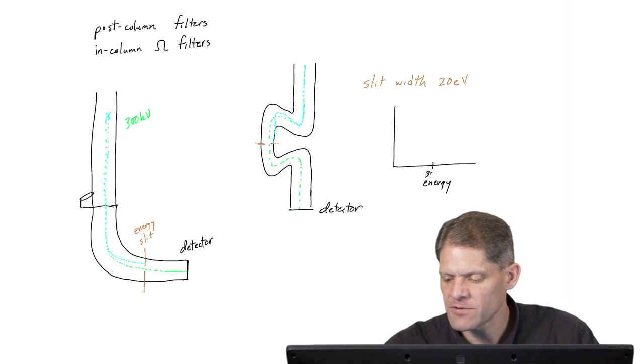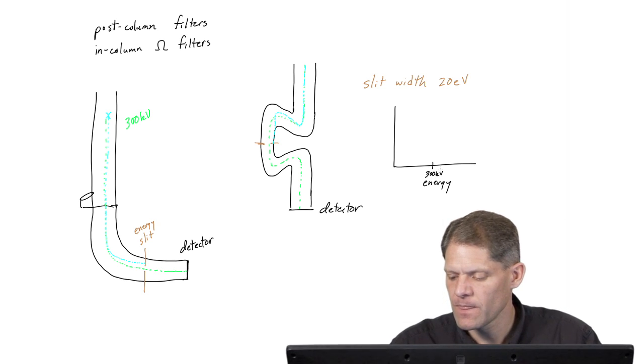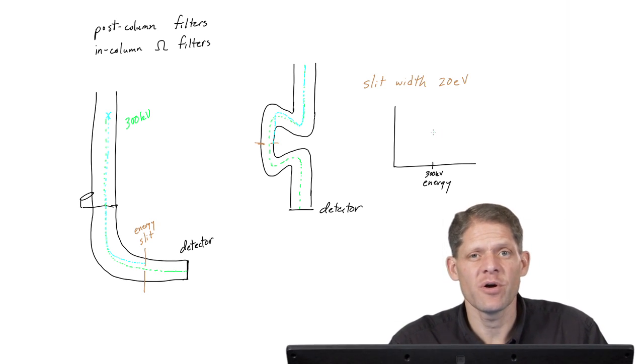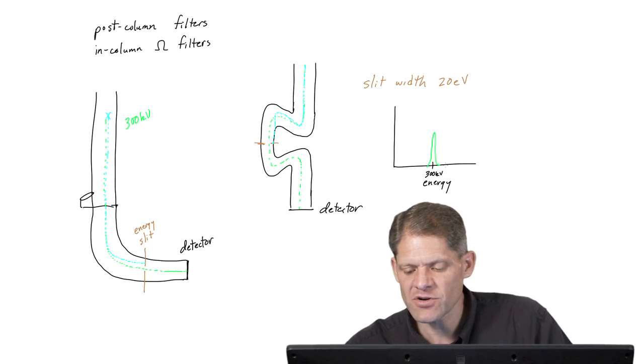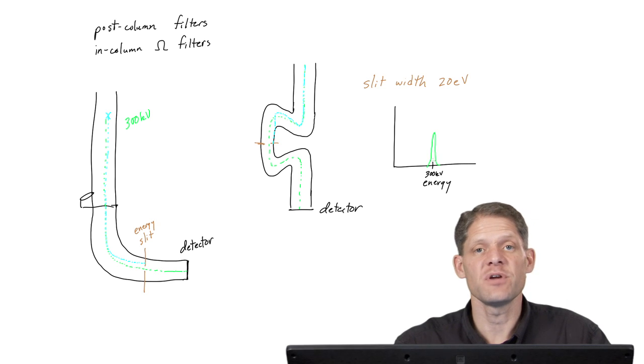For instance, if that was 300 kV, depending on the temporal coherence of our electron gun, we would see a very tight peak of electrons all focused around 300 kV.